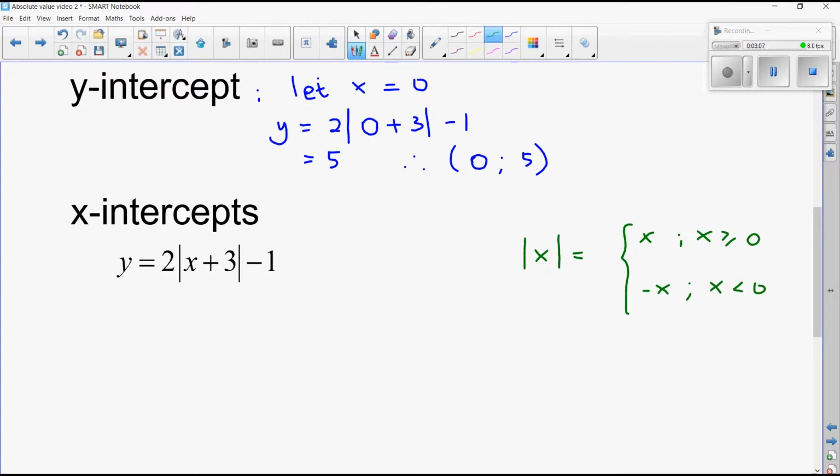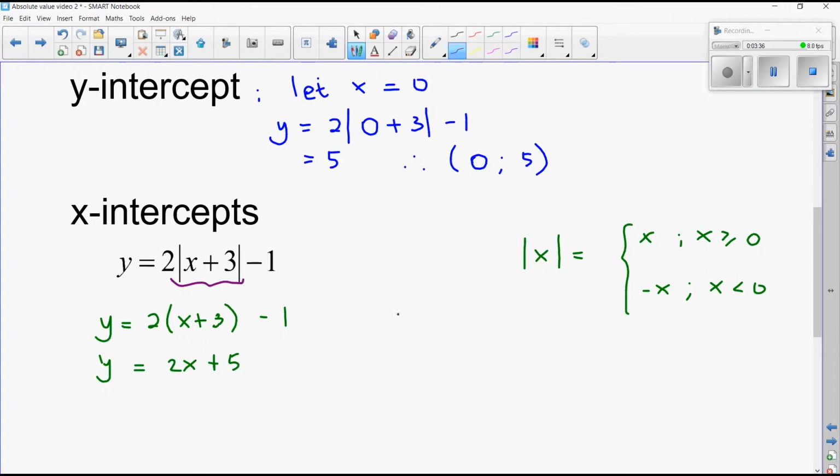So the positive arm of my graph will be y equals 2 times x plus 3, minus 1. And if I simplify this equation, I get y equals 2x plus 5. The other arm is found with the negative of the absolute value.